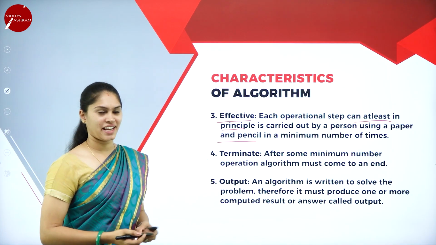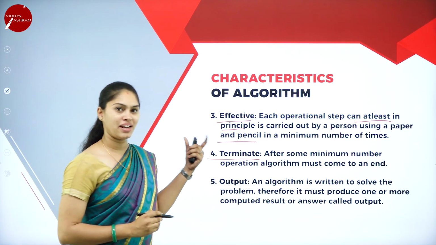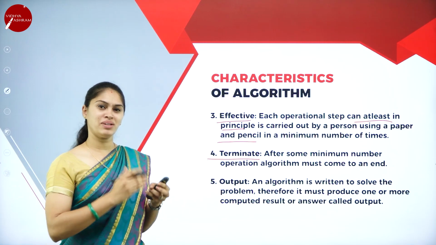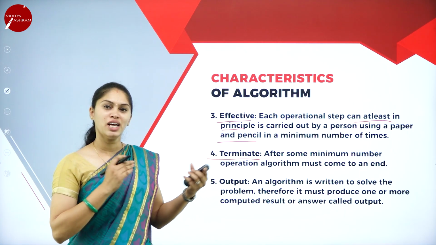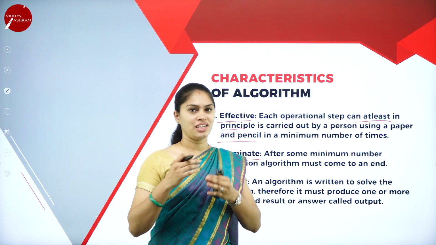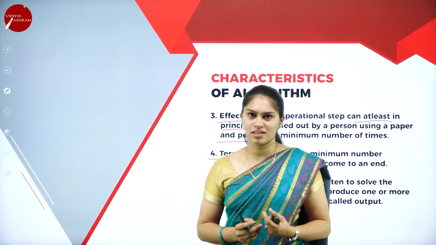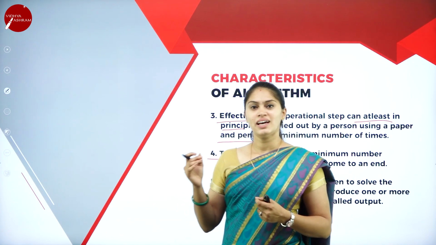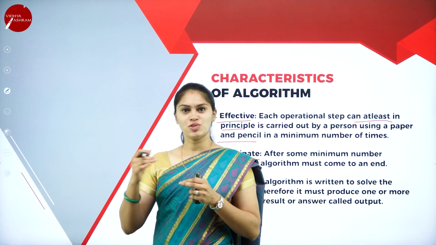Then which is the next characteristic of an algorithm? That it terminates. Terminate in the sense there must be some end. So when I consider the example of visiting cards, when will it be the end? If there are 500 visiting cards and I am searching for a particular person's number, name along with address, right? If I find a match, at that time it has to terminate.